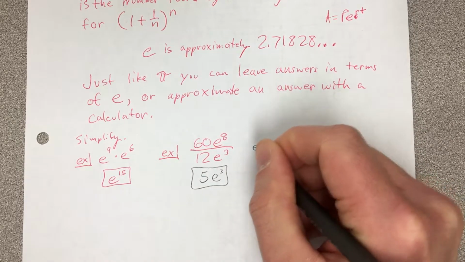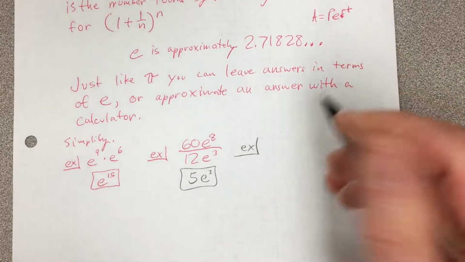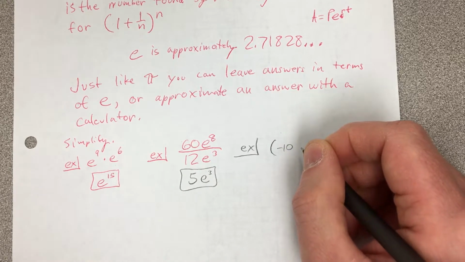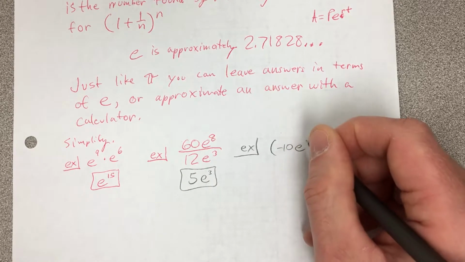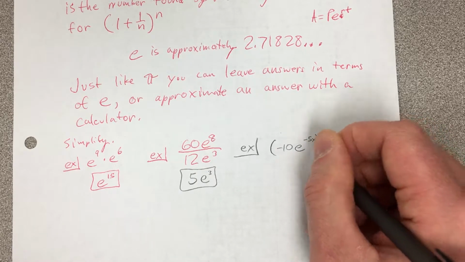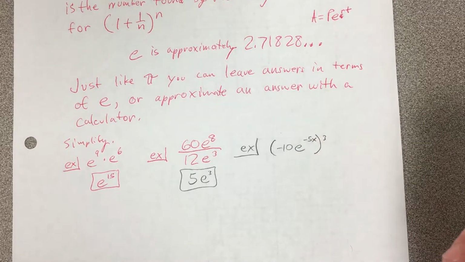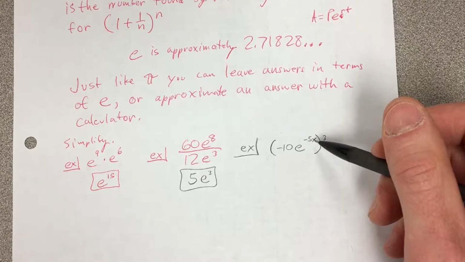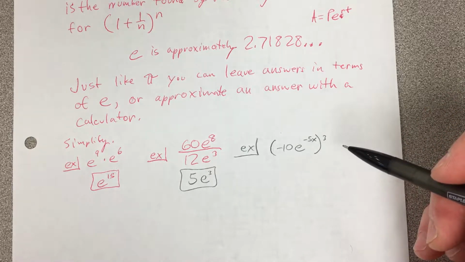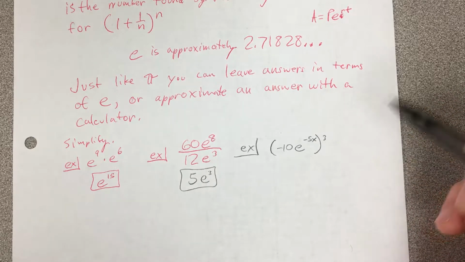Let's try another one just for added practice here. Parentheses, negative 10 e to the negative 5x, all to the 3rd. Now this is going to be kind of strange because you haven't done properties of exponents too often when you had variable exponents. And so this is kind of a new thing, but you're still going to use the same properties of exponents.